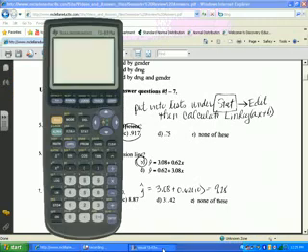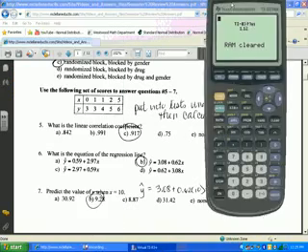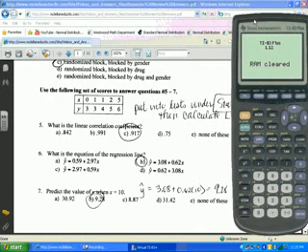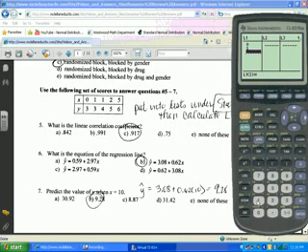Okay, so let's make sure we have our diagnostics on. You cannot get your R if your diagnostics are not on. And so we're going to go second catalog, and I'm going to go down to D's. And then I'm going to turn my diagnostics on. So enter. The diagnostics have been turned on, and so now it'll give me R. Okay, and so then I go to my list. I'm going to enter in my information here. There's my X list.